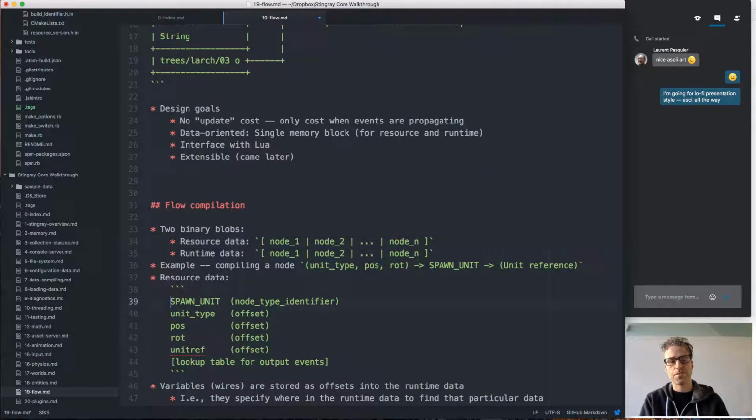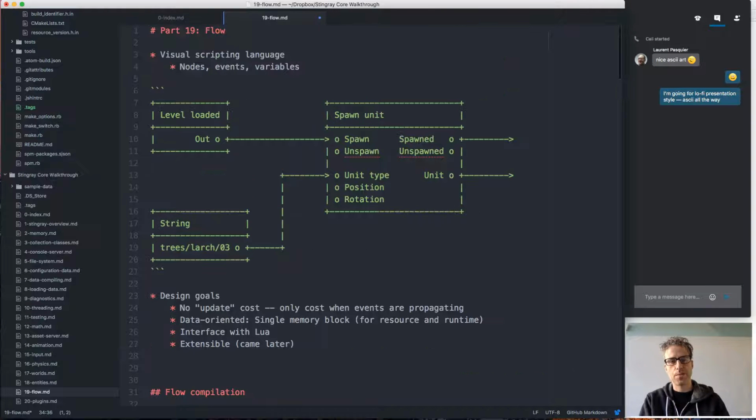The spawn unit representation will look something like this. The start of the spawn unit, where we find the identifier, has some offset in the resource data. And when we store the list of output connectors for level loaded here, since it's connected to the spawn unit, we will just store the offset of that spawn unit's resource data.